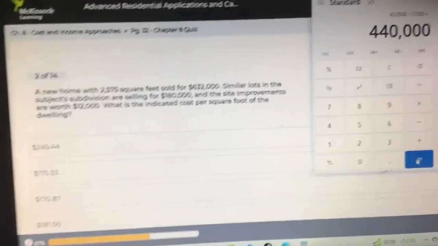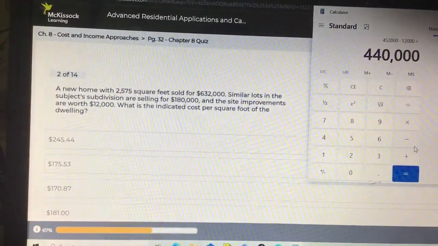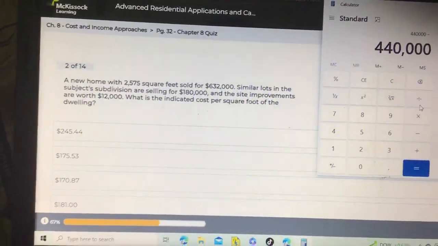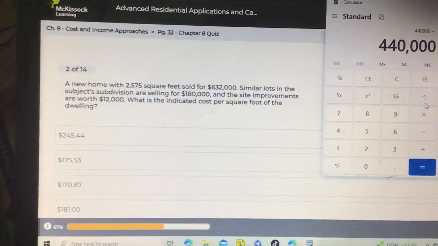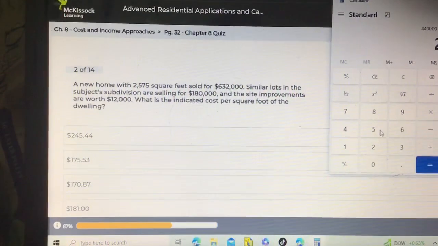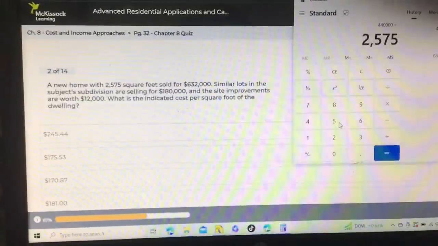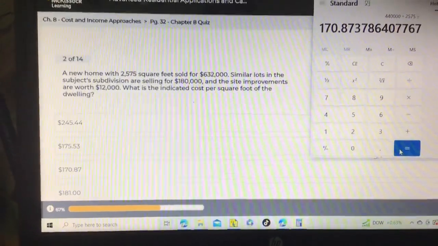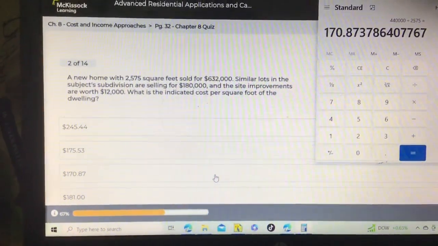I think we just divide that by the square footage now. This one isn't like the one where you divide it by the estimated cost new. 2,575 square feet. $170.87. The answer is C.